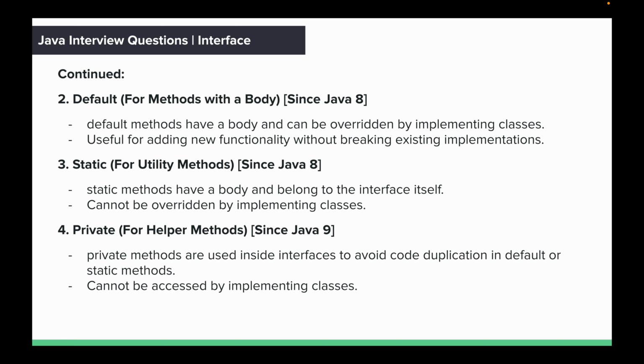This feature got added from Java 9 onwards, and the main purpose of the private method is to reduce the redundant code. So whatever common code we have, we can give that common code inside the private methods, and those private methods will be accessible inside the interfaces only. As the methods are private, we will not be able to access them outside of the interface. So this is how the Java interface works.